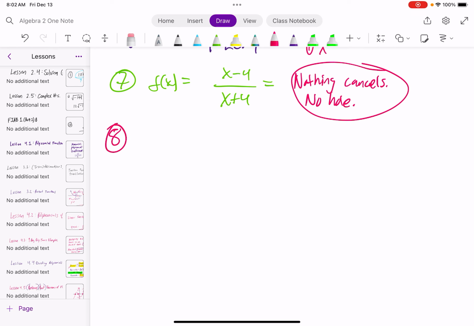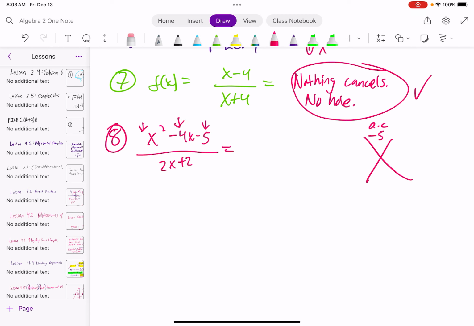Number 8. The function says find the hole, okay? Now, for the top portion, we're going to have -5, right? This is A times C. For the top portion is -5. 1 times -5.